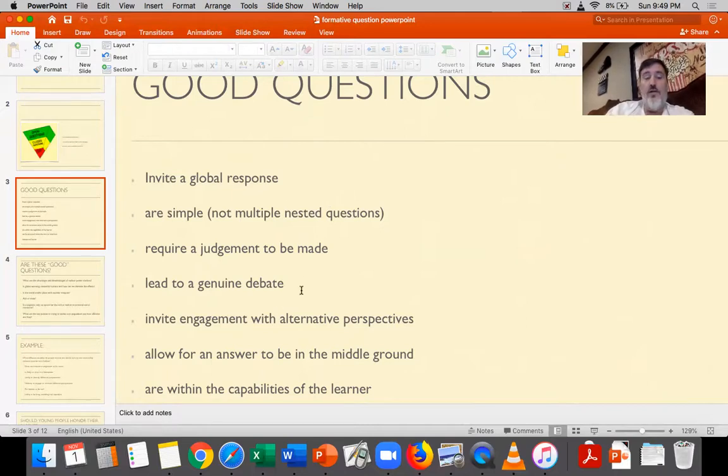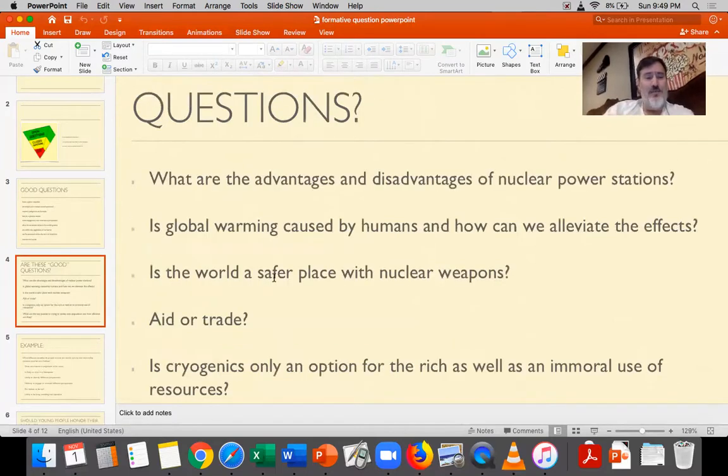Does it require a judgment to be made? You can tell by my dramatic pause here that I'm wanting you to understand that. Yeah, it doesn't really require judgment to be made, does it? It's just a basic 7th grade style research question. What are the advantages and disadvantages? It's a listing question. It's not really even an open question at all.